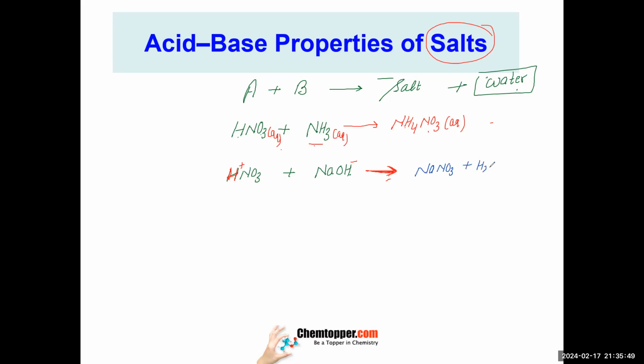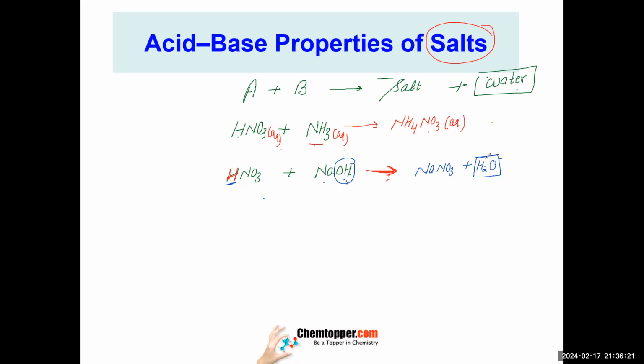Very good. Yes, Ashlisha, perfect. Okay, so now here water is formed. Can you see the water? Why? Because the metal hydroxide base, the OH minus, will react with this H plus to form water. So whenever you are using hydroxide as a base with an acid, water is a compulsory product, right?